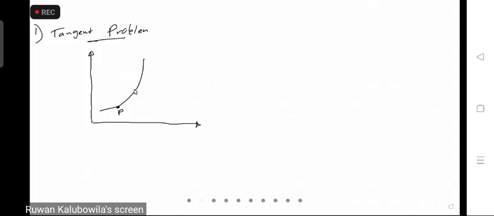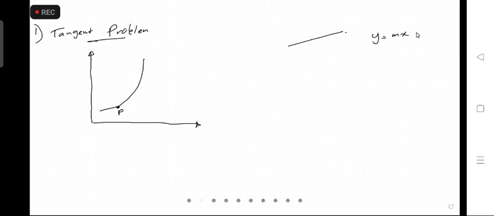You need to give the equation. The tangent is a straight line, so you have to give an equation like y equals something for the tangent line, the tangent at the point P to this curve.